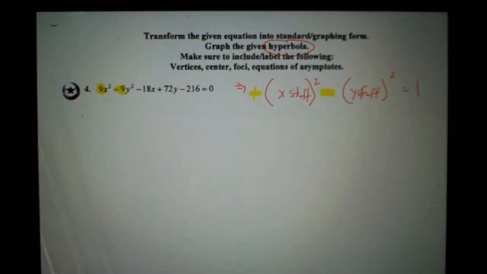So group your X's, group your Y's. Move your constant over. Factor. Please be careful when you're factoring out your negative. Complete your square.